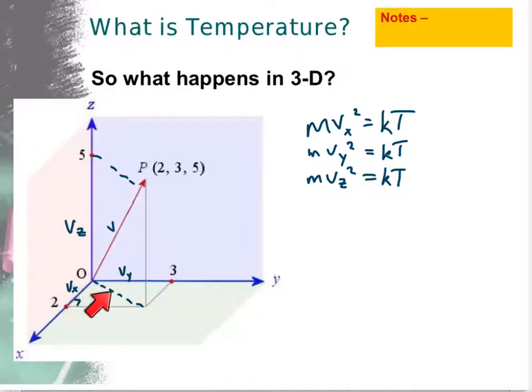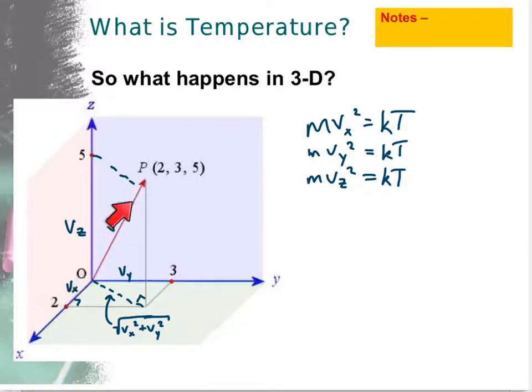And we can actually calculate the length of this line from here over to here by using the Pythagorean theorem. And we're going to end up with a value of the square root of vx squared plus vy squared. And then I end up having another right triangle that actually goes up in the z direction, and this would be the hypotenuse of the triangle.